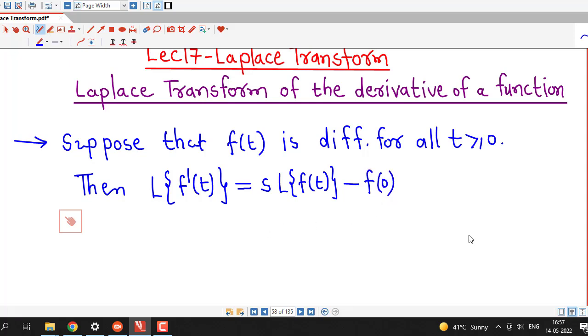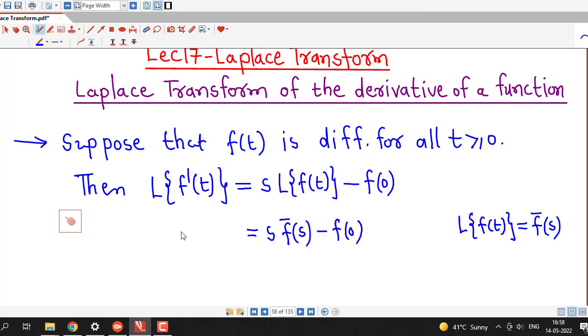And suppose we use the notation f bar of s for Laplace transform of f of t, then this is equal to s times f bar of s minus f of 0.